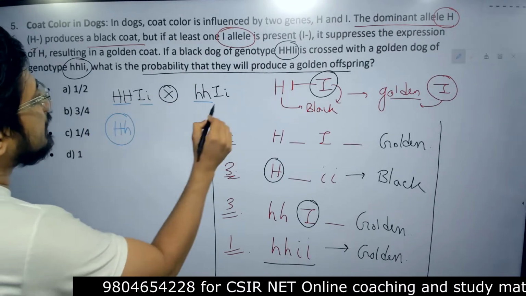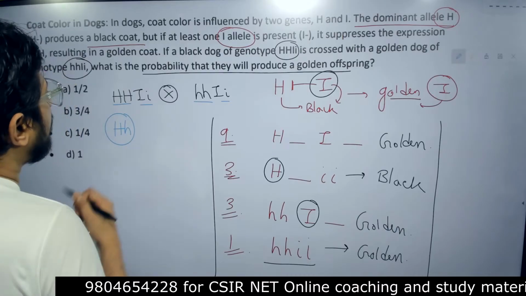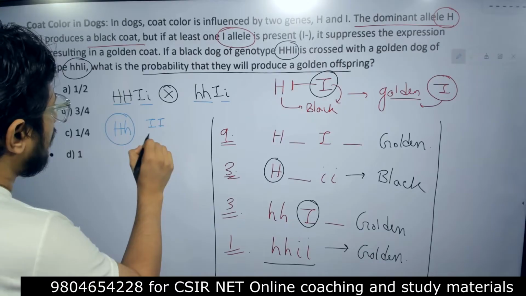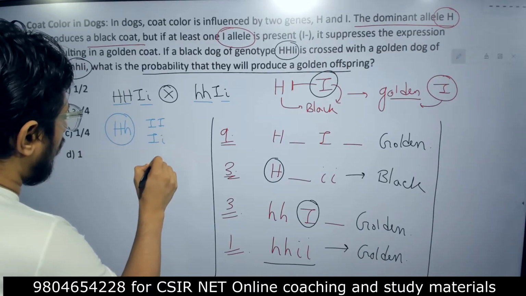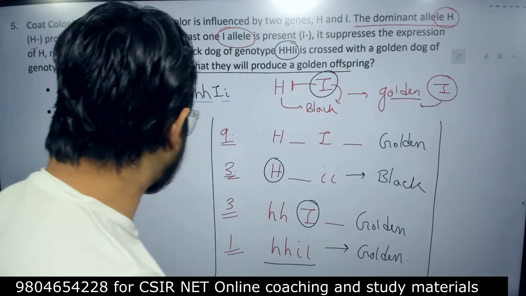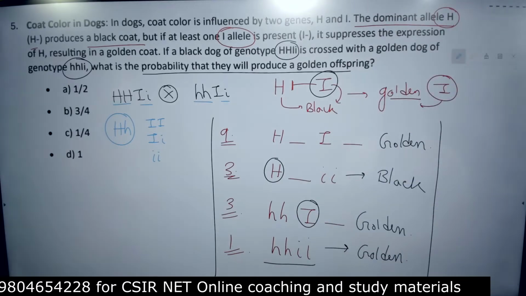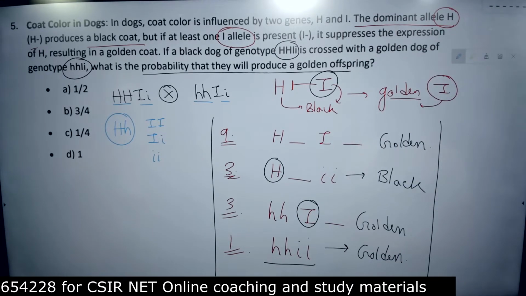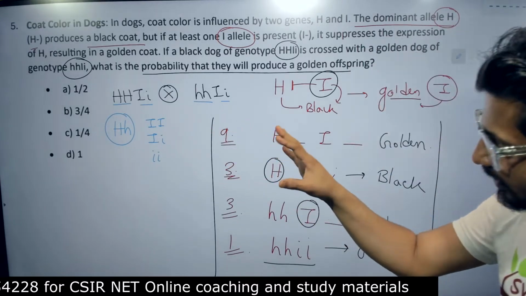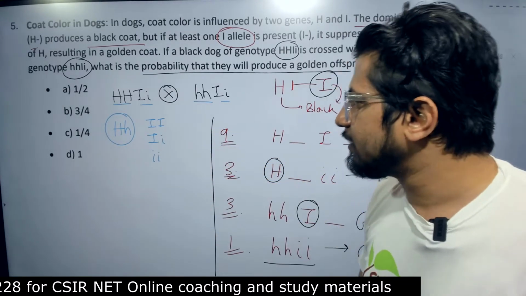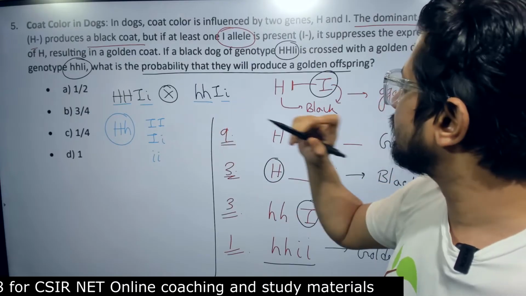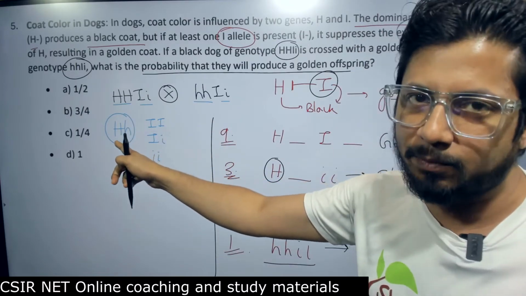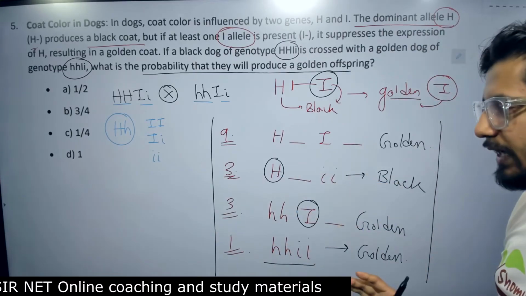And between capital I and small i, what are the possibilities that we might get? We might get capital I, capital I, or small i. We get three separate probabilities from this aspect. So every single individual will be capital H, small h, heterozygous for that.